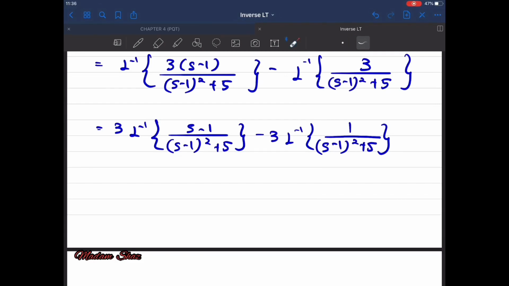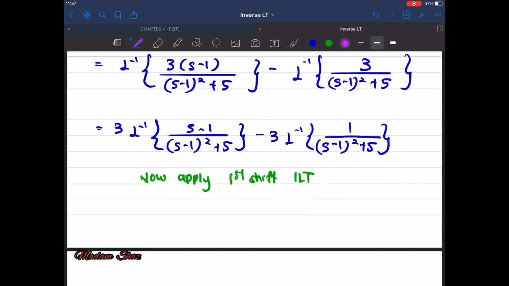Now we will apply the first shift property for the inverse Laplace transform. We have s minus 1 at the upper side, divided by s minus 1 square at the bottom side. So you have to go through the 3 steps of the first shift inverse Laplace transform.